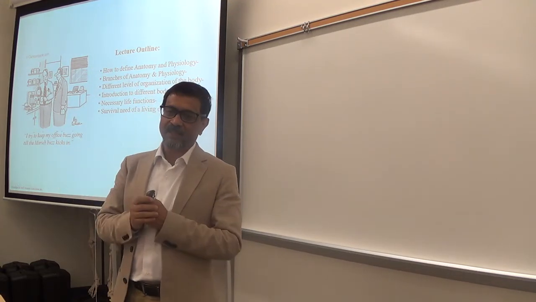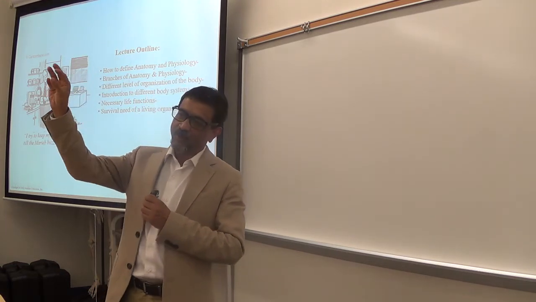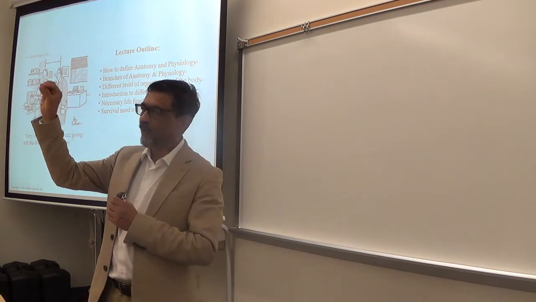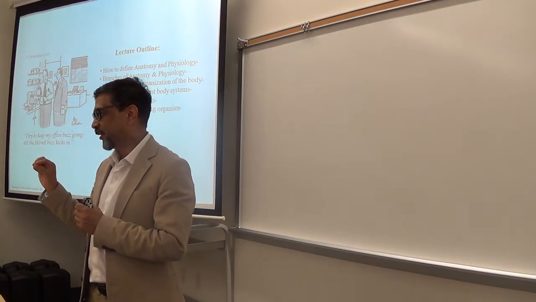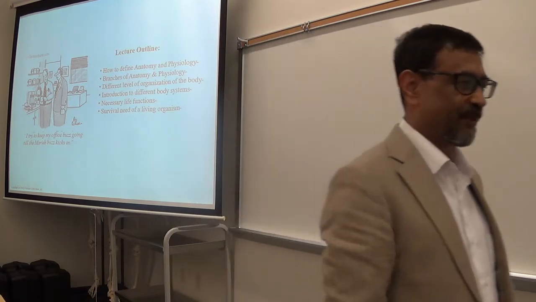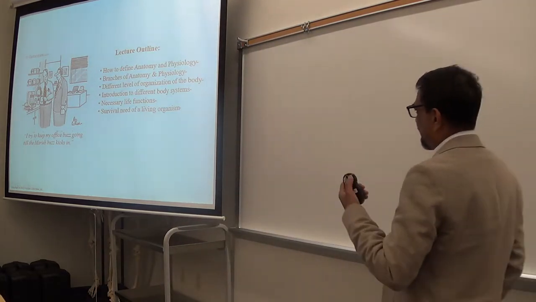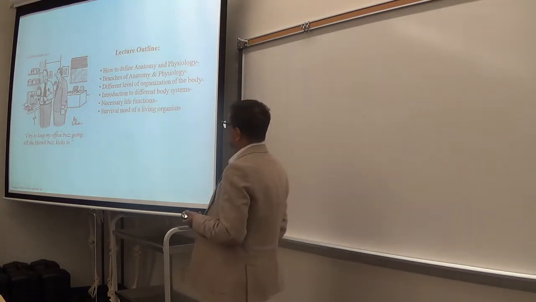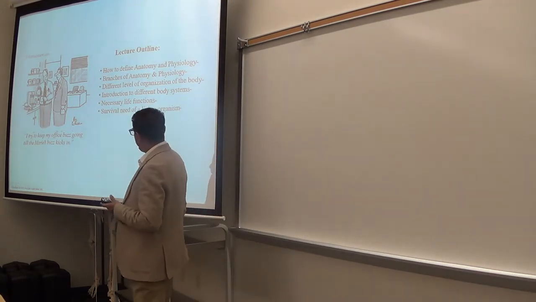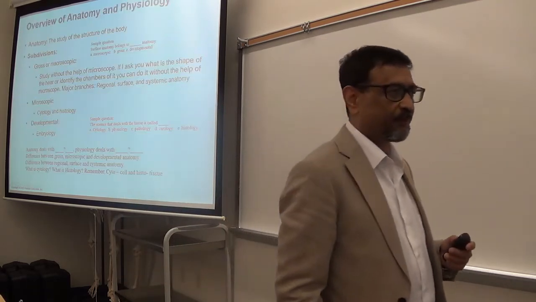In today's lecture, I'll just name those 11 systems and give you a few important functions of those systems. Then gradually we'll go over each system in detail. So how many systems? 11. Very good. Then we'll talk about survival needs and necessary life functions.